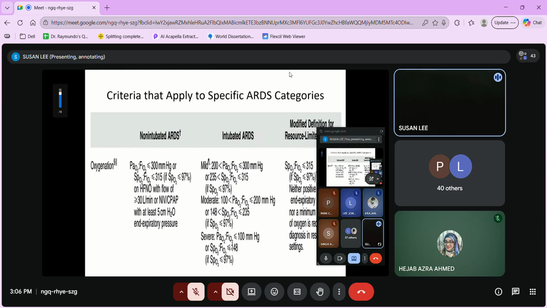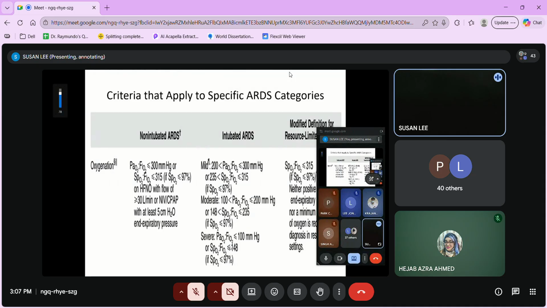And for moderate, less than 235, and for severe, less than 148.